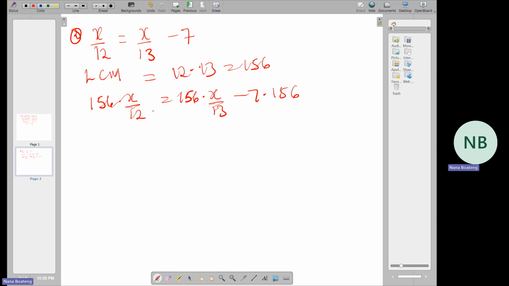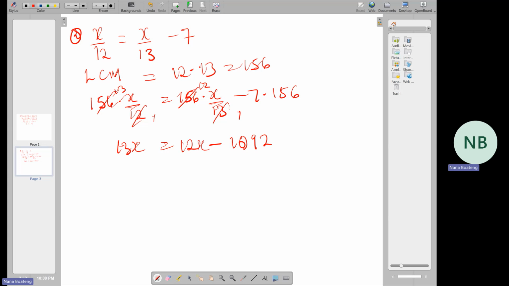156. All right, so 12 divides 156, 13 times. So we have 13x here. It is equal to 13 divides 13 once. It divides 156 12 times. So this is equal to 12x minus 7 times 156, which is 1092.